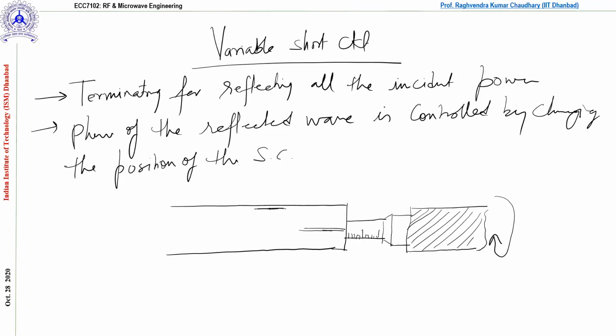The thing is, it has sufficient space between the walls so that it can rotate. It's a piston kind of situation, you can understand it like that. So this is the sliding plunger.